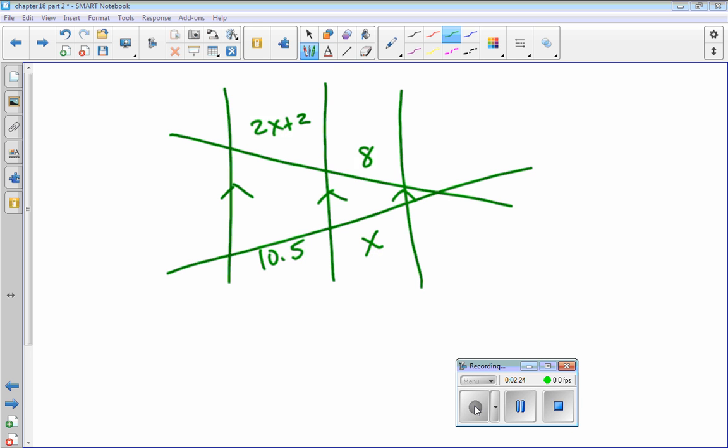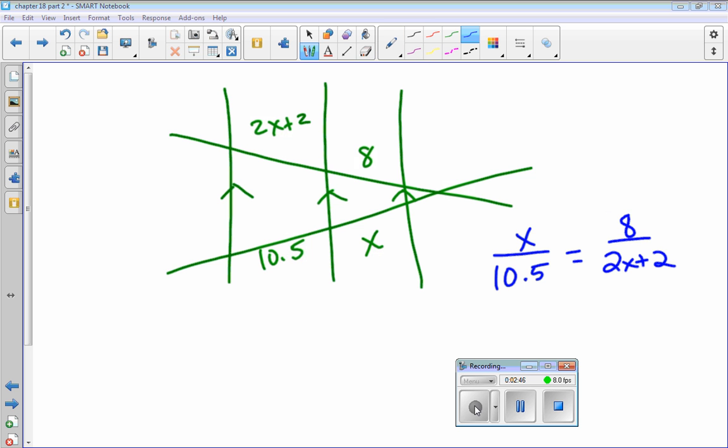It does, because it's sides, right? They're not talking about the bases or anything of the triangles. So the proportion is going to be x over 10.5 equals x cubed over 2x plus 2, 8 over 2x. Okay, thank you.